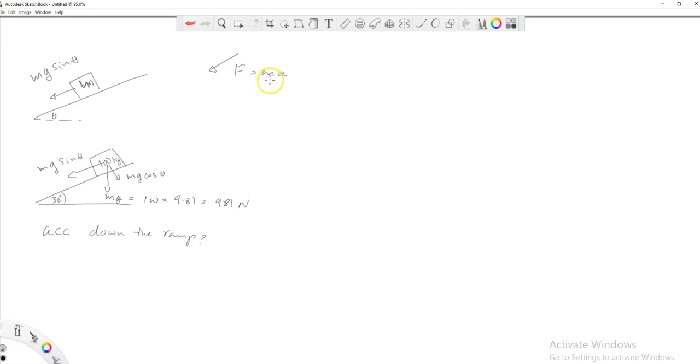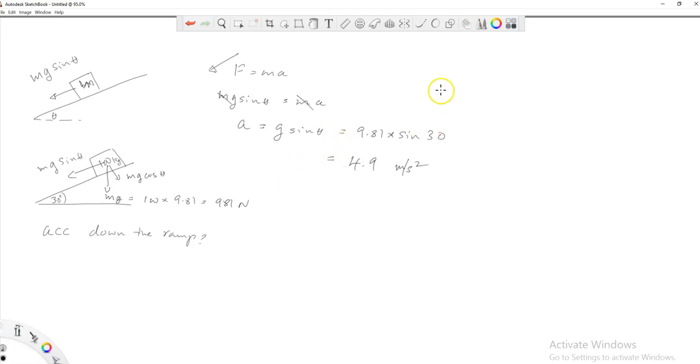So F equals ma, we have mg sine theta equals ma, mass and mass cancels out, acceleration is g sine theta equals 9.81 sine 30, so 4.9 something meters per second squared, right? Yep, that's it. That's how it works.